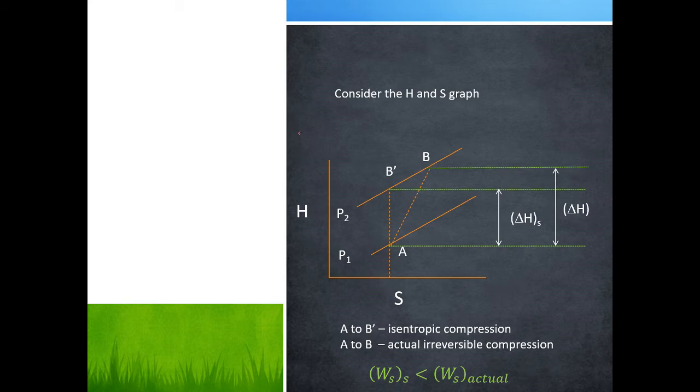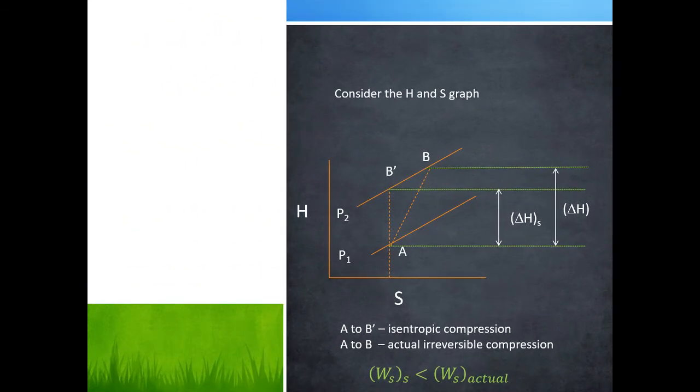So, for example, may graph tayo ng H versus S. Let's say, yung H natin nasa y-axis, S nasa x-axis. And then, we have isobars P2 and P1. Same, we will undergo from point A to point B. And in a real process, diba, laging yung S2, okay, this is S2, yung S2 laging greater than S1 sa real life.